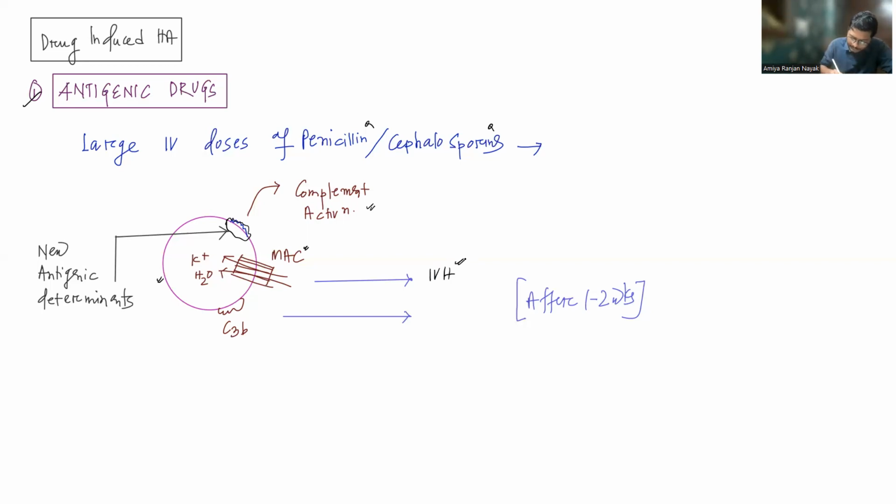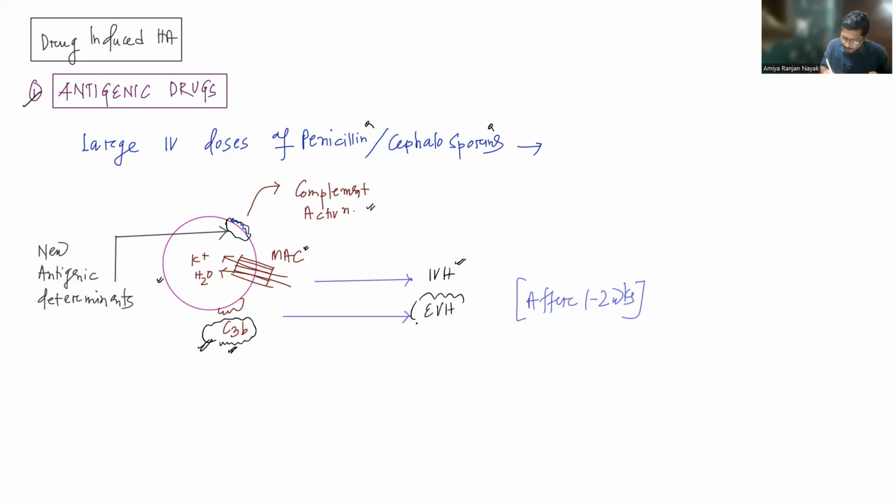But most of the time, they will produce C3b, which is a component of this complement pathway. And this C3b can bind to the RBC surface. As we all know, this is a very good opsonin. Binding of C3b to the RBC surface causes opsonization of these RBCs, leading to phagocytosis, and that will ultimately cause extravascular hemolysis.